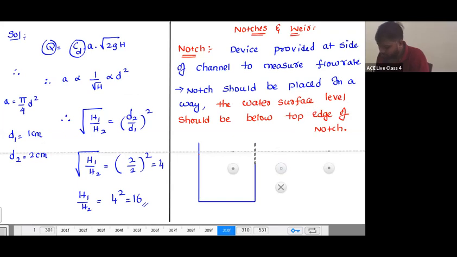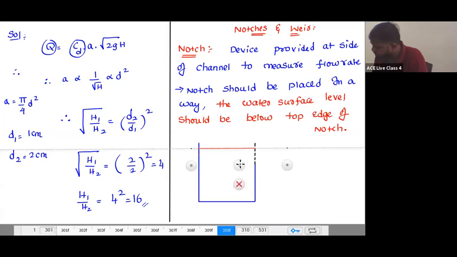Now you observe. This is the water level. This is nothing but a channel that I am drawing for you, a rectangular channel. I said a notch is a device provided at the side of a channel.